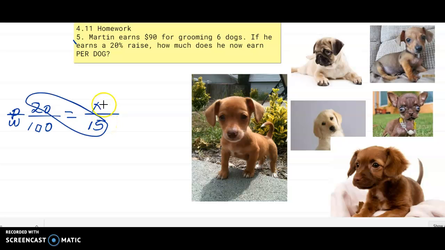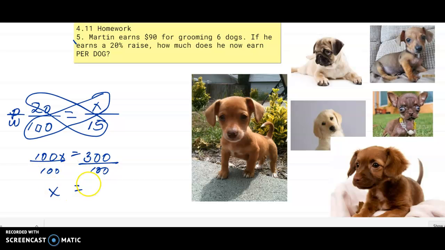So we will cross multiply. 100 times x is 100x. 20 times 15, well 15 times 2 is 30, and now I'm going to add that 0, so it's 300. I'm going to divide both sides by 100, and I get x equals 3. That means he gets a $3 raise. So he used to get paid $15, now he gets $3 more, so he gets paid $18 per puppy now.